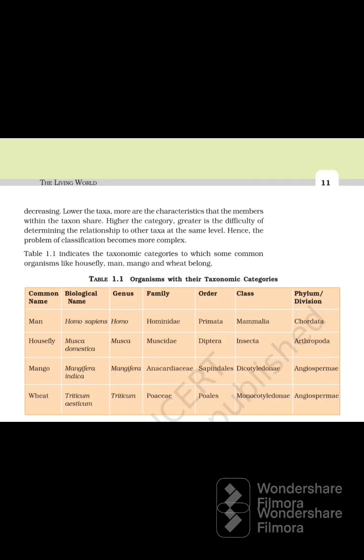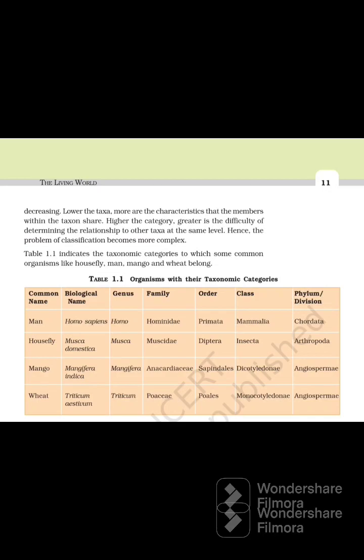Second is housefly, that is the common name. Biological name is Musca domestica. Genus is Musca. Family Muscidae. Order Diptera. Class Insecta. And phylum or division Arthropoda. Third, common name is mango. Biological name is Mangifera indica. Genus is Mangifera. Family Anacardiaceae.